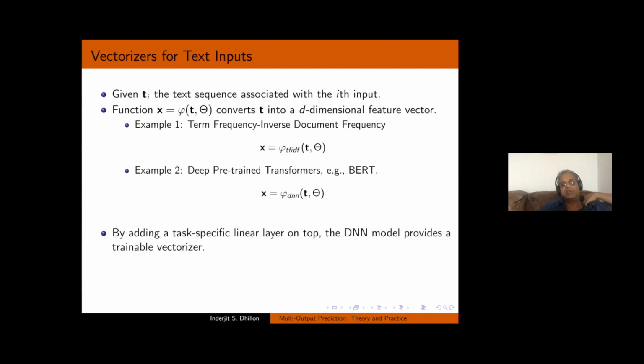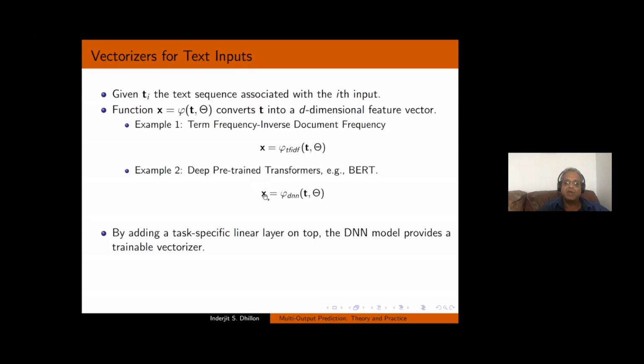So, one question is that when there are text inputs, can we exploit the latest advances in techniques like these deep pre-trained transformers, for example, BERT models. When we did experiments at first, we actually did not see much gain, for example on the Wikipedia prediction problem, from using BERT embeddings, right?